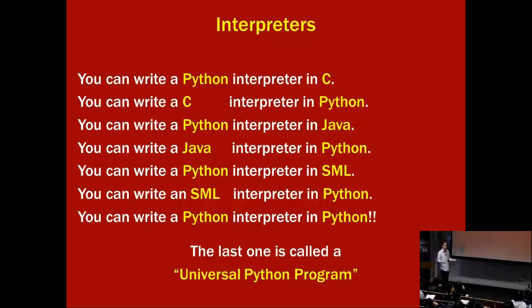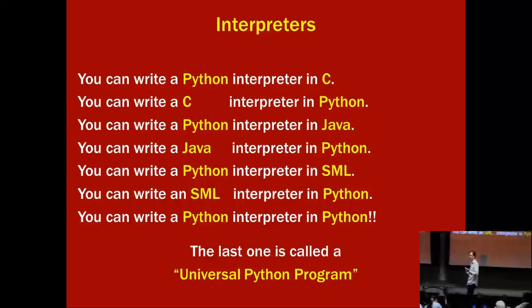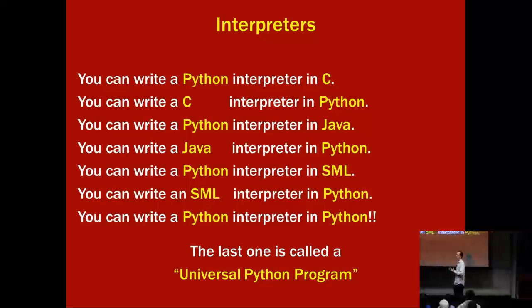You can write a Python interpreter in Java, and a Java interpreter in Python. You can write a Python interpreter in ML, and an ML interpreter in Python. It shows that all of these programming languages can solve the exact same set of computational problems. You can write a Python interpreter in Python. This was mentioned before.